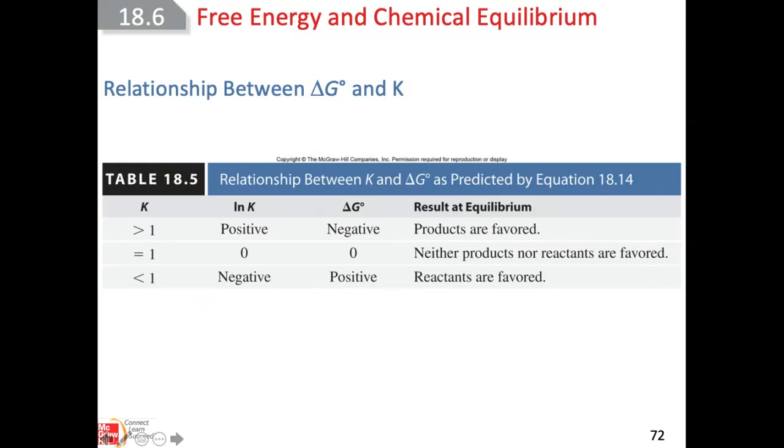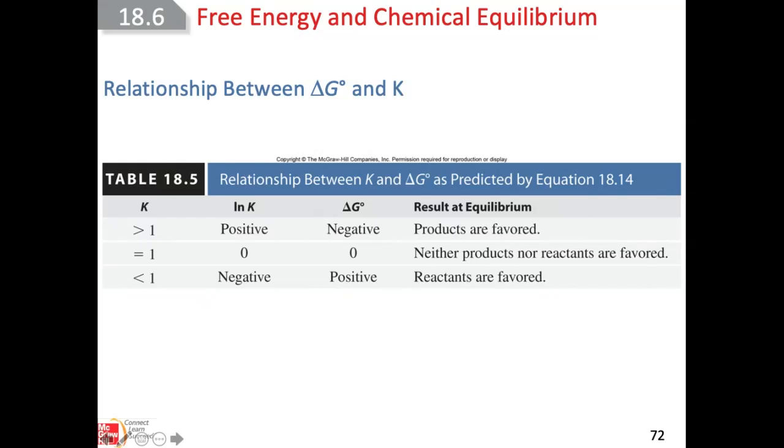If the K is greater than 1, that means if I take the logarithm of that K, I will get a positive number, and delta G standard becomes negative.